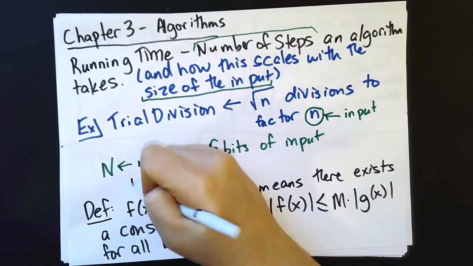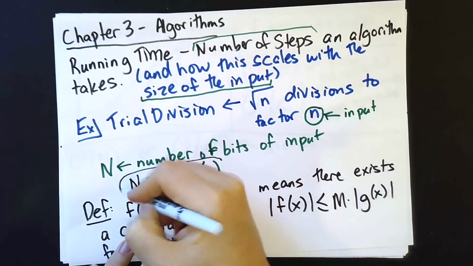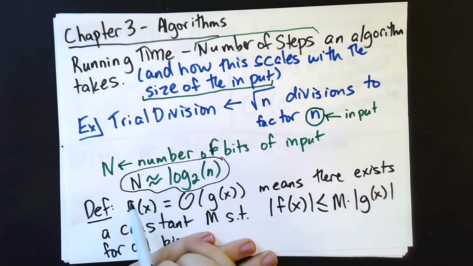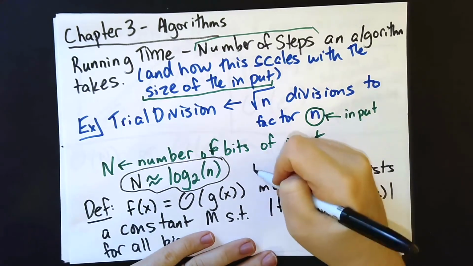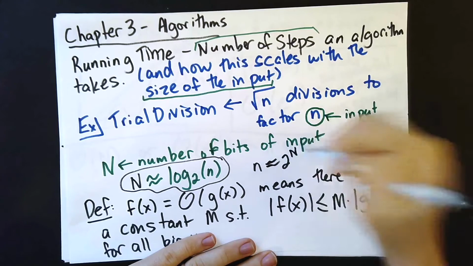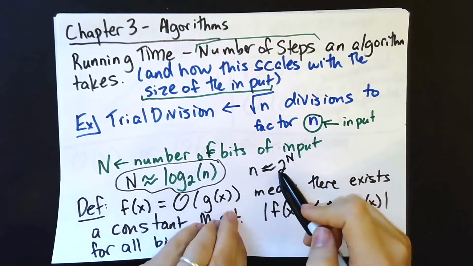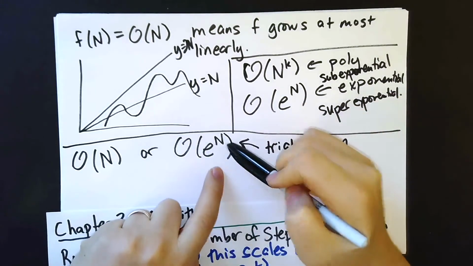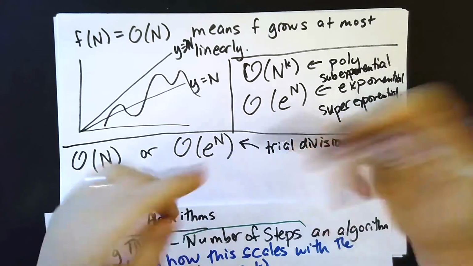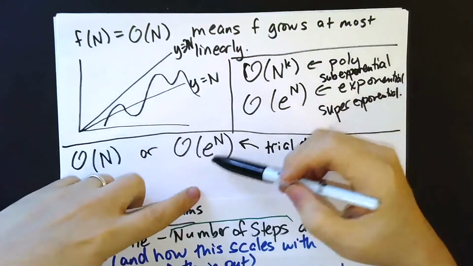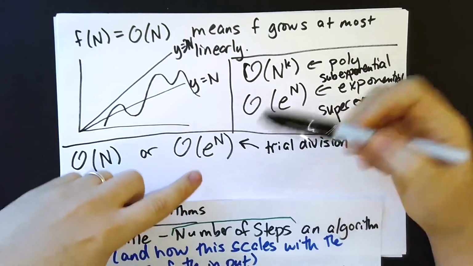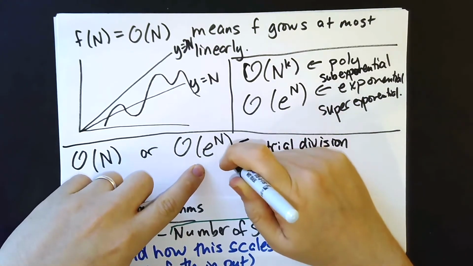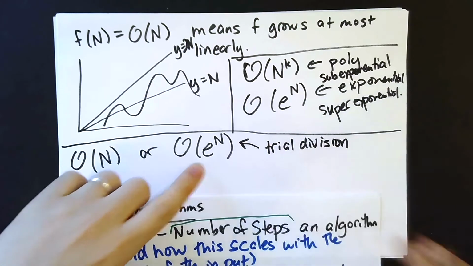And so if we remember that big N is approximately the log base 2 of little n, and we want to think about the relationship the other way, then what we get is that n is approximately 2 to the big N. And so that's why when I wrote this down, I wrote O of e to the n. And notice 2 to the n and e to the n are slightly different, but we're just going to batch all the exponential functions together into this class when we talk about things that grow exponentially.